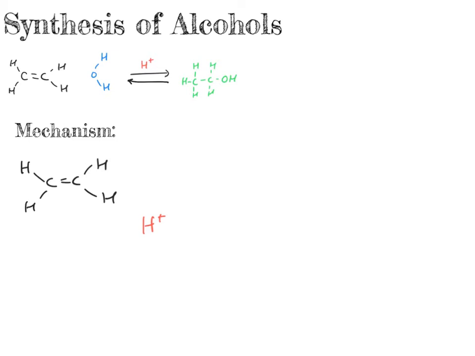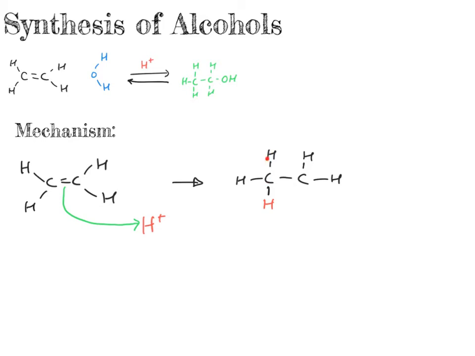So in the first step of the mechanism, electrons from the double bond attract to the hydrogen plus. This breaks the double bond and opens it up and allows the hydrogen atom to join on to the carbon atom. Okay, so here we've got the beginning of our intermediate.